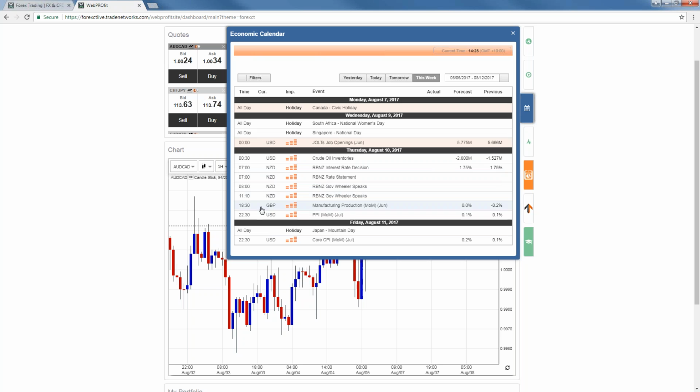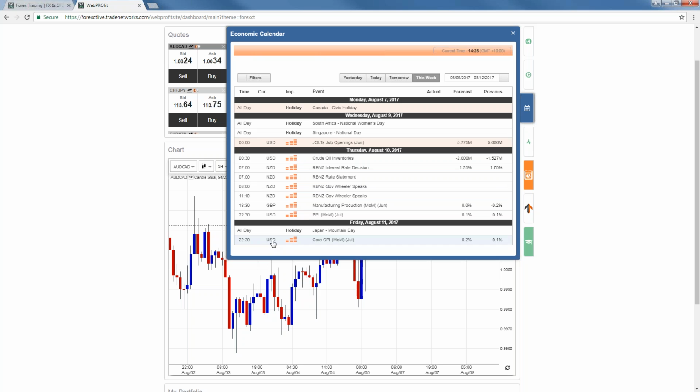Coming up to the GBP at 6:30 Melbourne time for manufacturing production, followed closely by PPI. That's a price index for manufacturing at 22:30 hours for the US dollar. And then we've got core CPI happening at 22:30 on Friday for the US dollar.